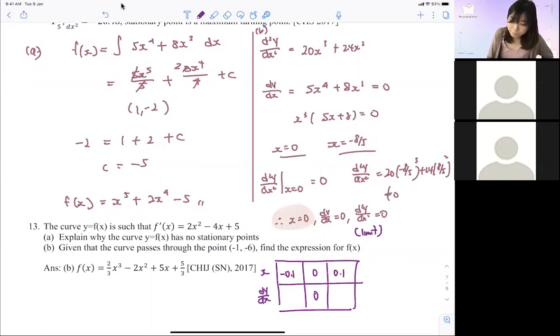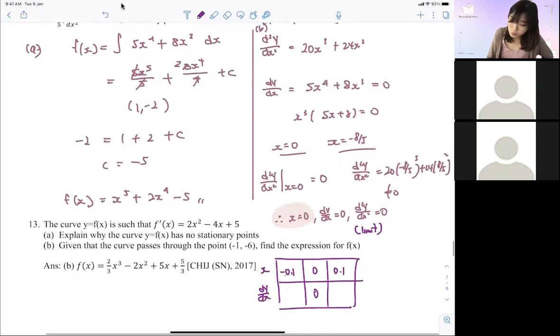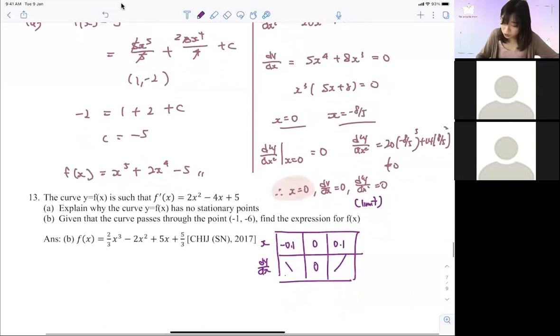Okay, this one when you substitute into dy/dx is down, this one you substitute is go up.